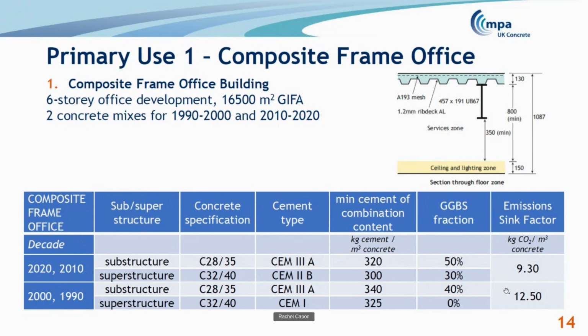So we get 2 different emission sink factors. So for the more recent decades, the CO2 uptake is 9.3 kilograms CO2 per meter cubed of concrete, but it's 12.5 kilograms of CO2 per meter cubed of concrete for the older structures.